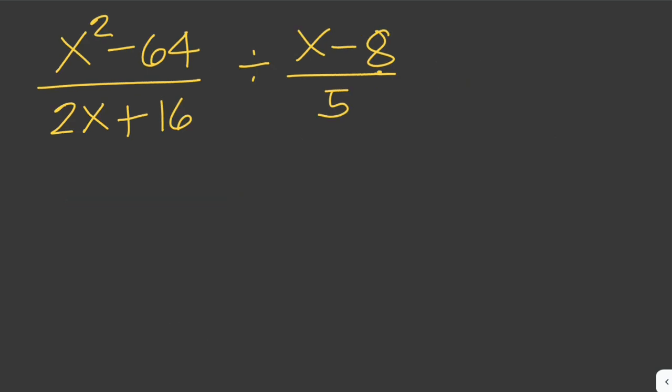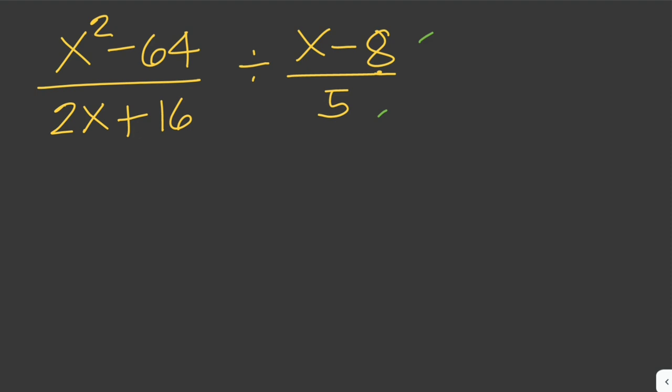Now let's solve another problem. We're given this expression, x squared minus 64 over 2x plus 16 divided by x minus 8 over 5. Let's take a look at each of the expressions if we need to simplify them. X minus 8 is already simplified.